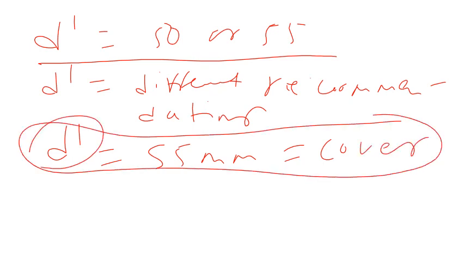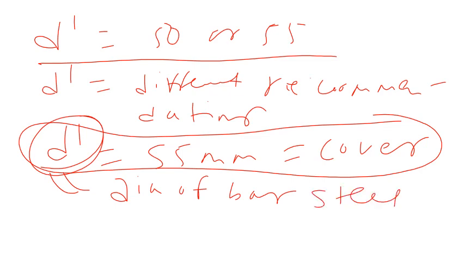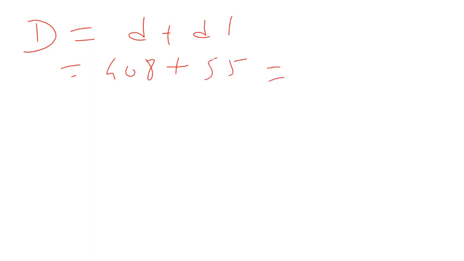Generally this d dash should be more than the dia of bar. So this is the general criteria: dia of bar, or steel bars or steel rods. So our capital D will come to d plus d dash. Already d we found out, that is 408, plus we have assumed this d dash as 55, so this will come to 463 mm.